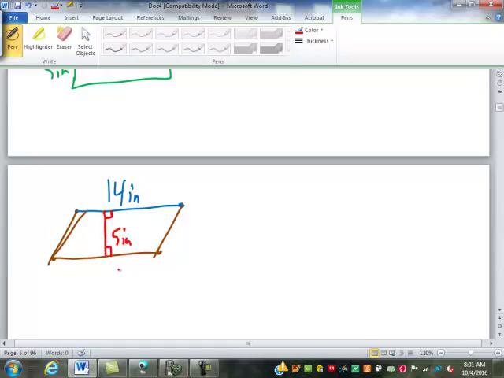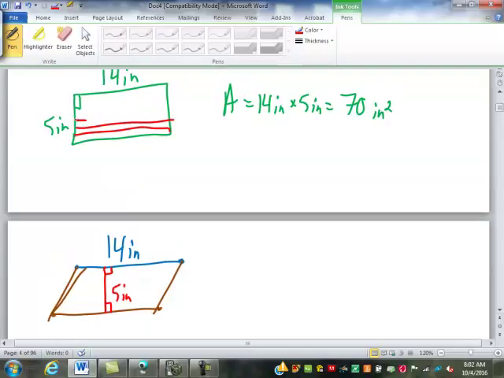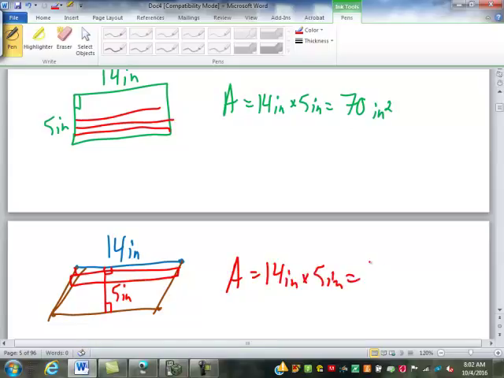What's its area? Well, if you think of this as being a bunch of little rectangles up here that are stacked up, all I've really done is push those little rectangles off like this, right? Have I changed the area? No, I've just changed how it looks. That area is still 14 inches by 5 inches, equals 70 square inches.